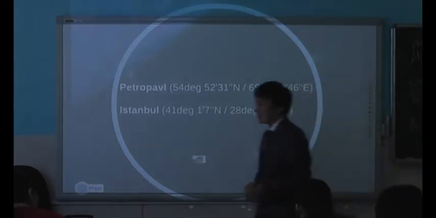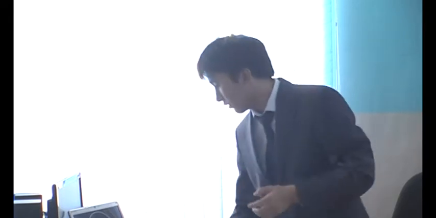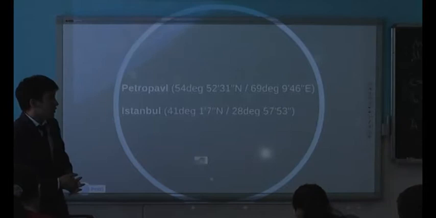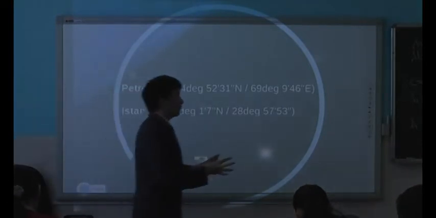Okay, now in history, scientists used these calculations to find the length and the directions. But nowadays we have the GPS system, navigators that can easily find us the distance between two points, or direction.